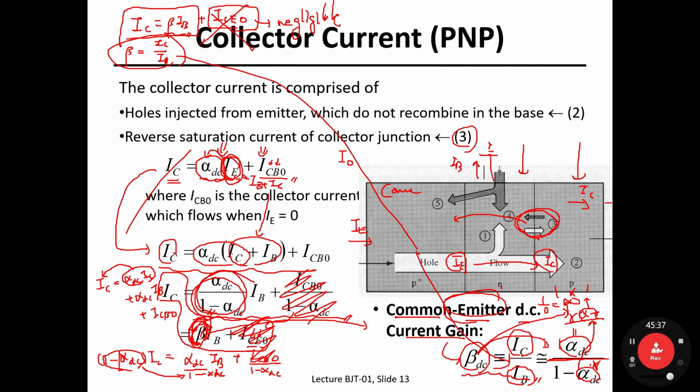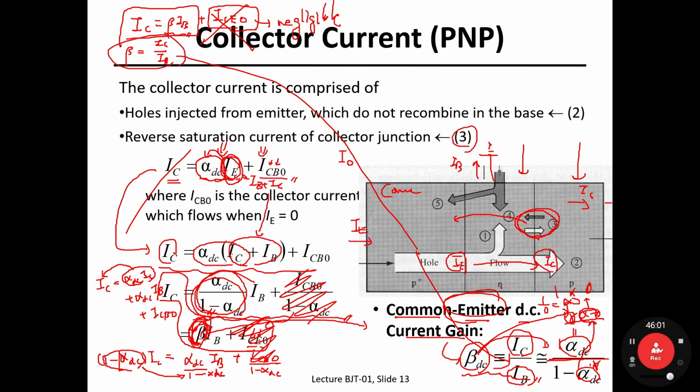So if your undergraduate major is electronics, then you're familiar with this: a BJT intrinsically has a higher gain than a MOSFET-based amplifier. Why is that? This gamma times alpha T is almost 1.